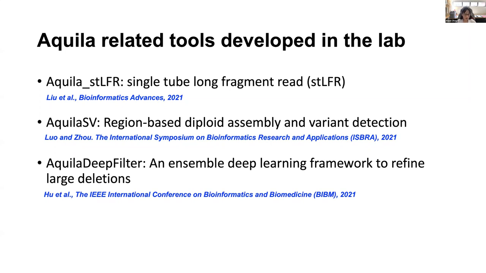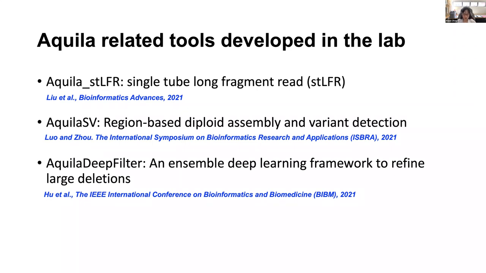Another tool we introduce here is Aquila Deep Filter. No matter what variant detection tools we use, from short reads or from linked reads like Aquila, or other variant callers from short reads, we often have some false positives.